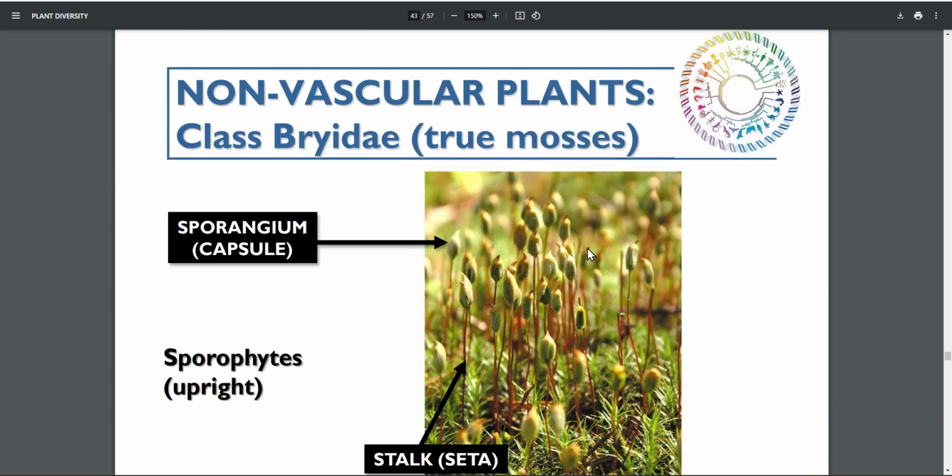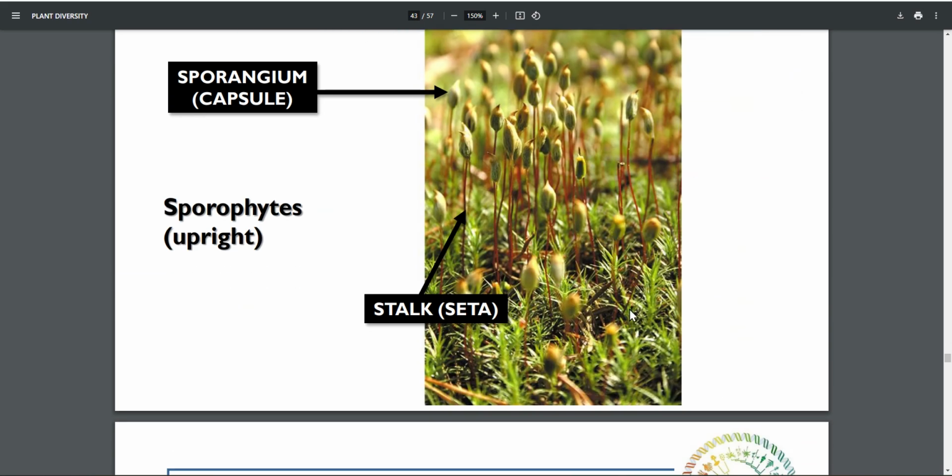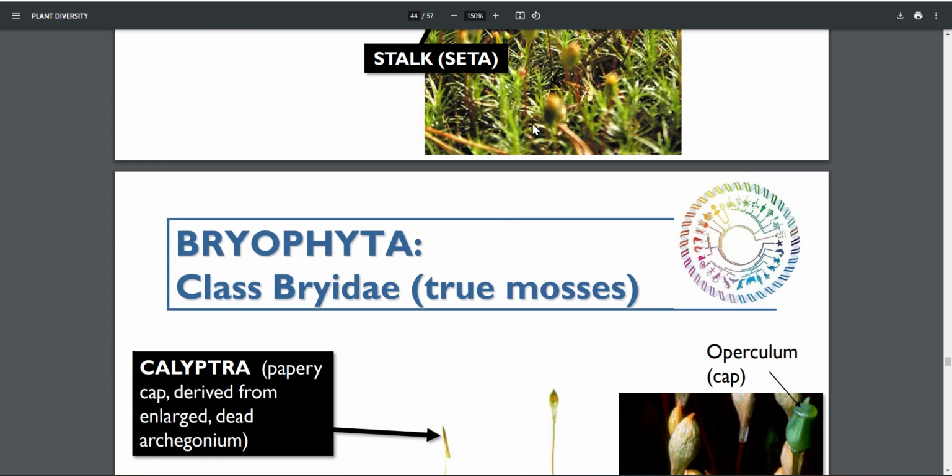As I mentioned before, these are the gametophyte, while the stalk, the seta, and the capsule are the sporophytes. They're upright. And this is the sporangium, the place where spores are produced.